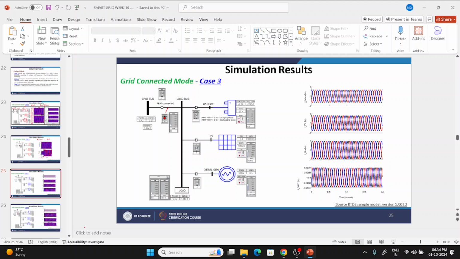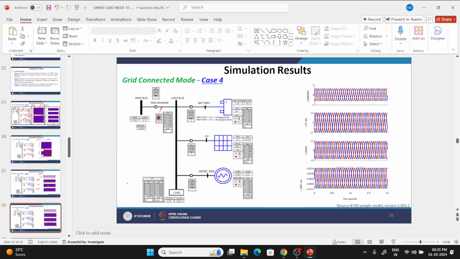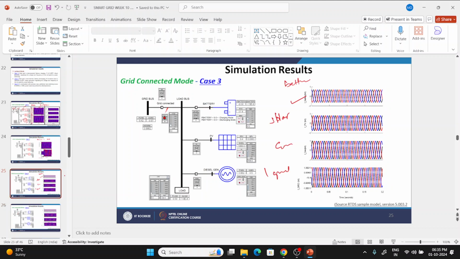Then comes case 3. These are the simulation results. This is the current of the battery. This is solar PV. This is for generators, and this is I grid, the variation of the current in the grid. Then comes case 4. In the PV, we can see the value over here is 1, and this value is -1.